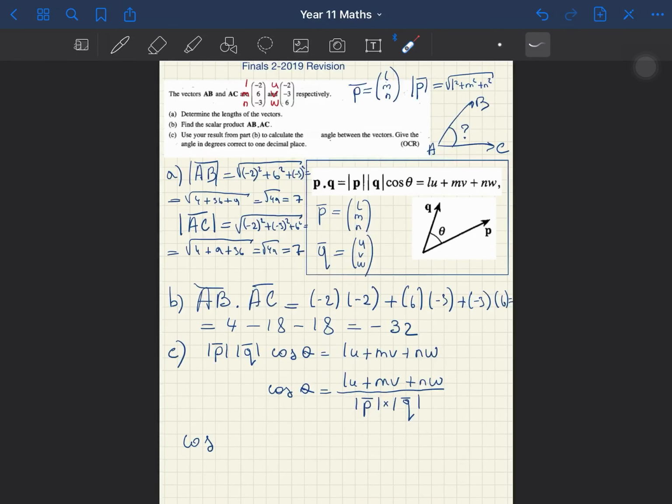So cosine of BAC is equal to LU plus MV plus NW.